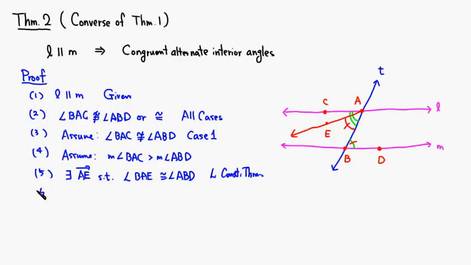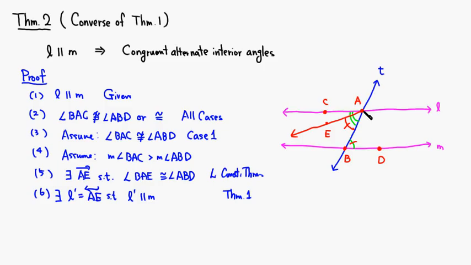Now I'm going to let L prime be the line defined by A and E. Since the alternate interior angles are congruent, line AE, which I'm calling L prime, is parallel to M. So there exists an L prime parallel to M. This comes from Theorem 1, because we have congruent alternate interior angles, since we constructed it that way.